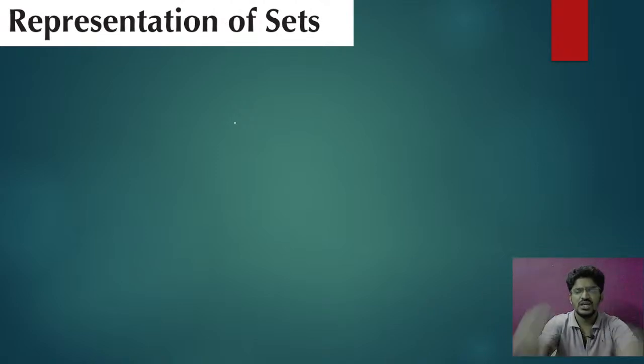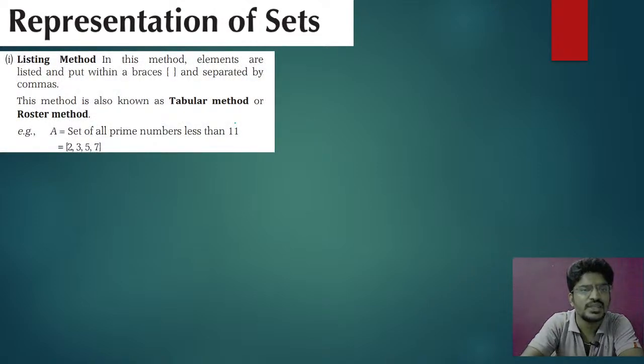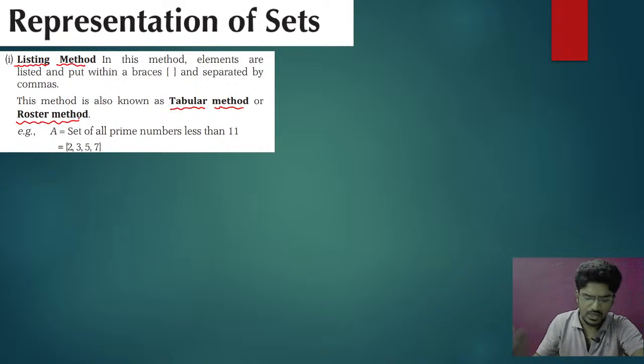Clear? So here for the representation of sets, first it gives one method, that is the listing method. You can also call it the tabular method, or you can also call it the roster method. That means the sets have to be represented, because only then can another person understand. So how to represent the set?